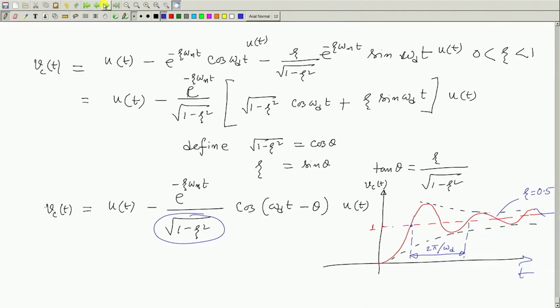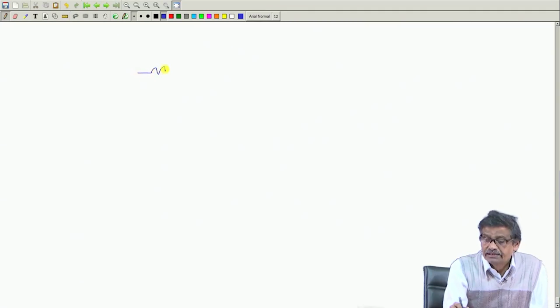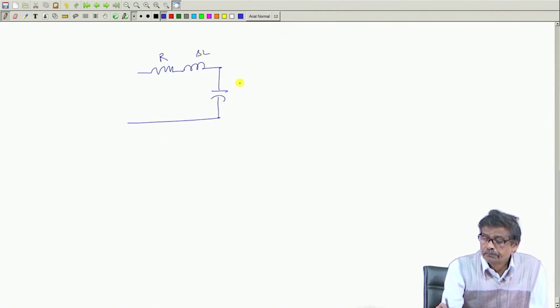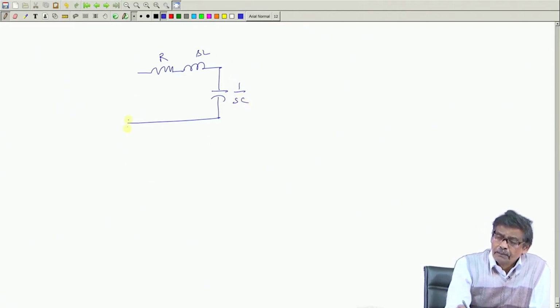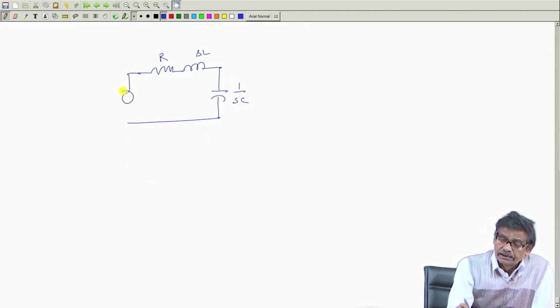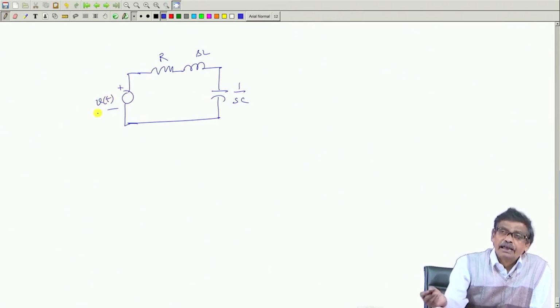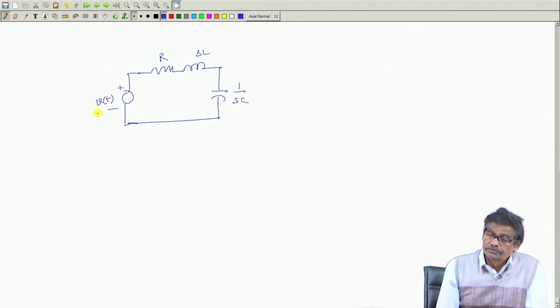You should not think that I should always excite with a step, because I already know that an RLC circuit with SL and 1 over SC could be excited by any voltage you like, need not be a step. In your Laplace transform domain analysis, suppose it is Vt, Vt could be anything, sin omega t sort of thing.